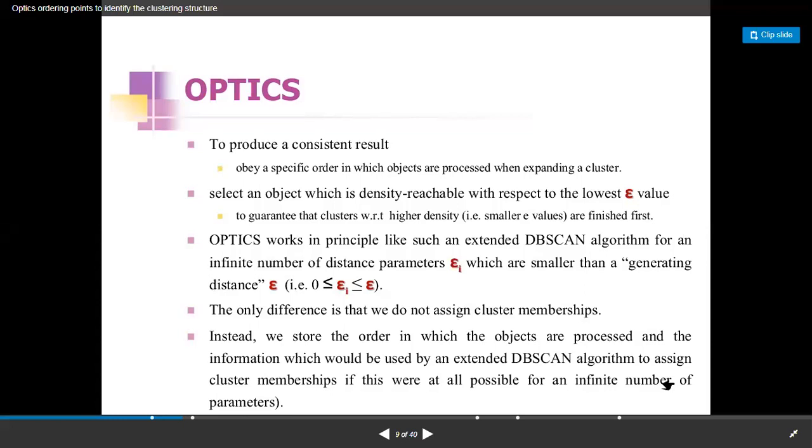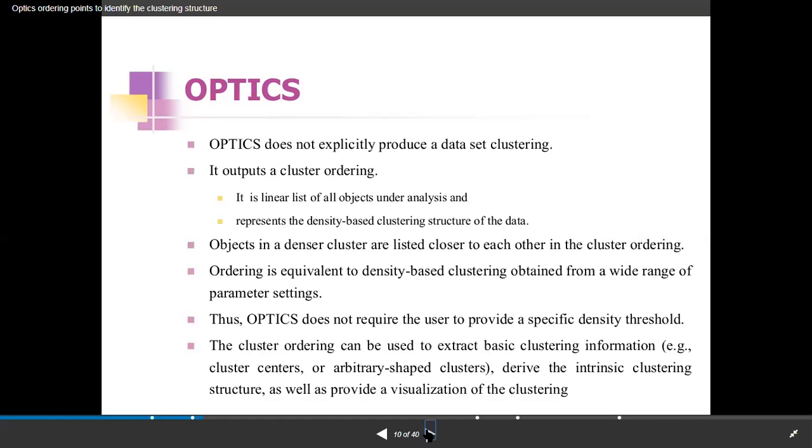The only difference is that we do not assign cluster membership. Instead, we store the order in which the objects are processed, and the information would be used by the extended DBSCAN algorithm to assign cluster membership. So basically they are defining the core distance that I have explained to you in the second slide. The same thing has been written here.